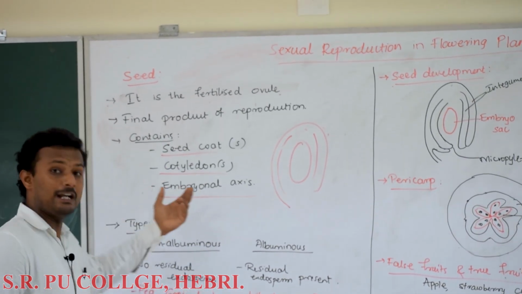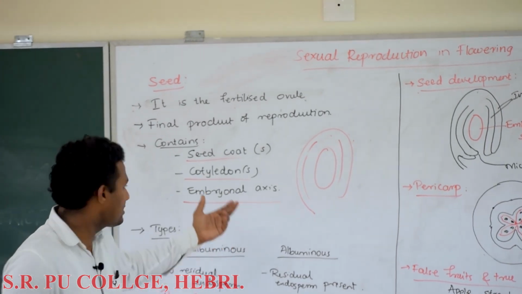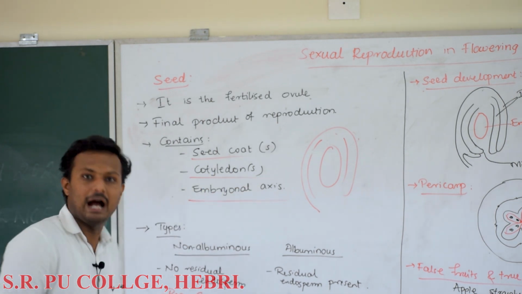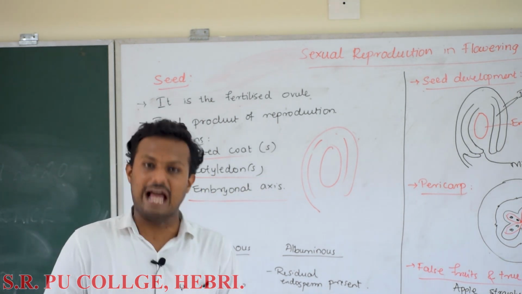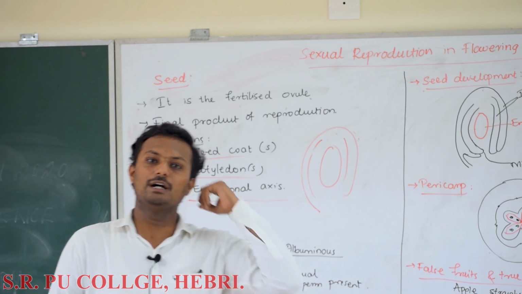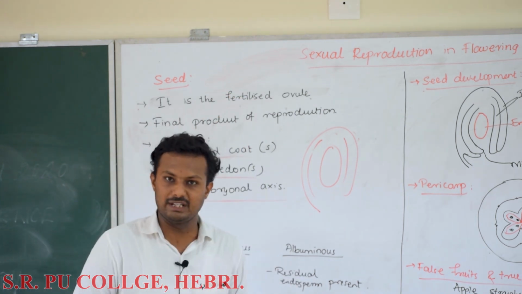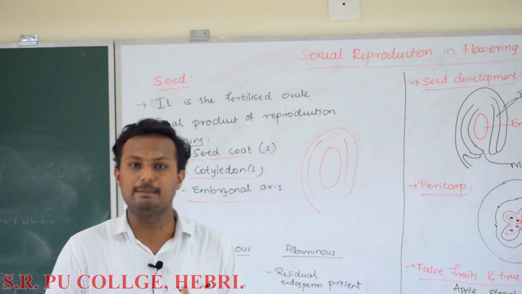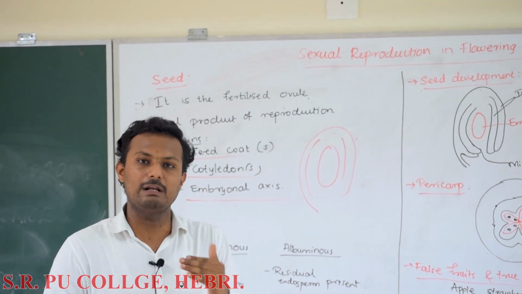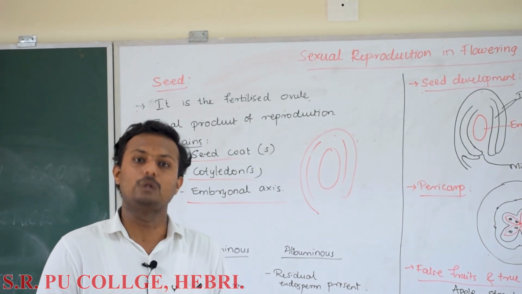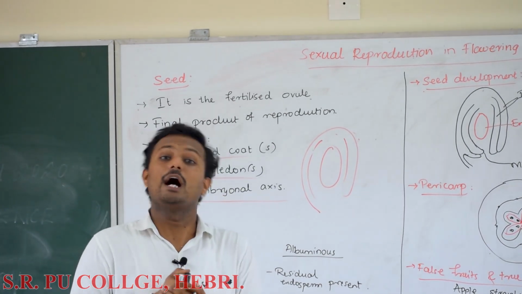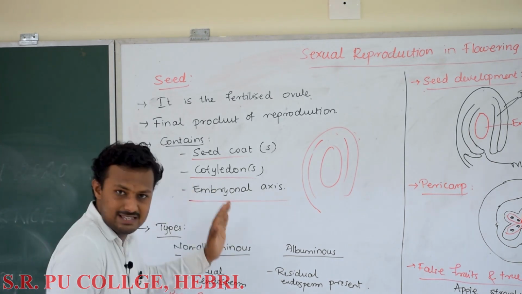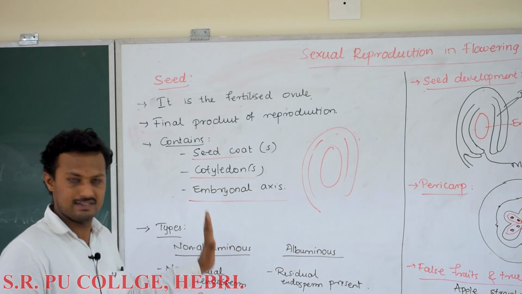So depending upon whether it is a dicot seed or monocot seed, one or two cotyledons can be present, and there will be an embryonal axis on which there will be the shoot apex and the root apex, and in the case of the monocot seed there will be also epicotyl and hypocotyl. To protect the shoot apex there will be the epicotyl, to protect the root apex there will be the hypocotyl. So like this, different regions will be there on the embryonal axis. So these are the three main regions, right?